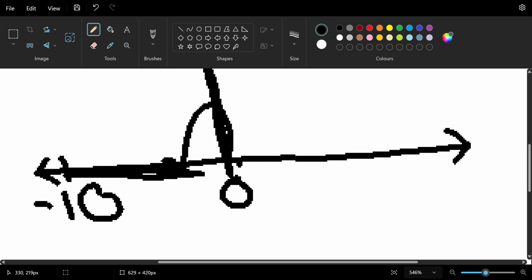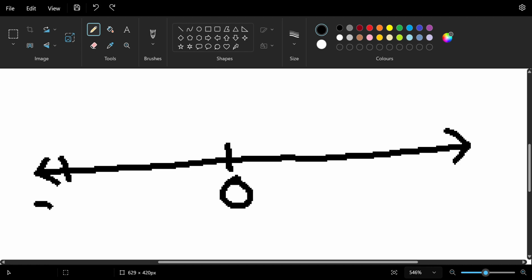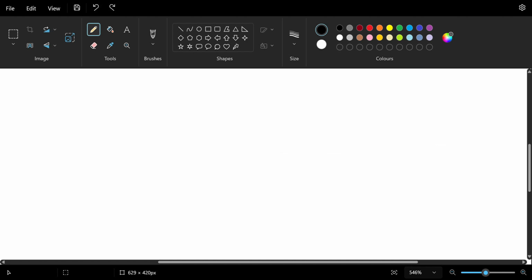So there must be a third line. So the number line wasn't complete. So what can we do? So we defined the square root of negative 1.